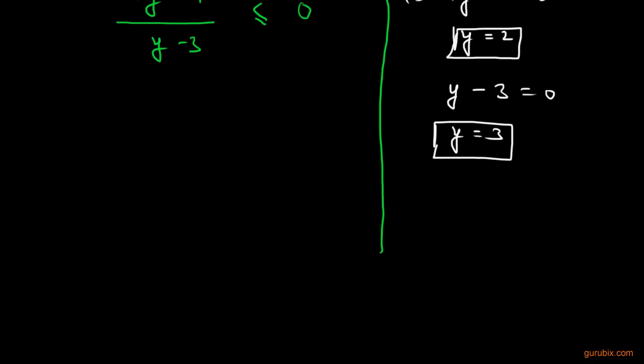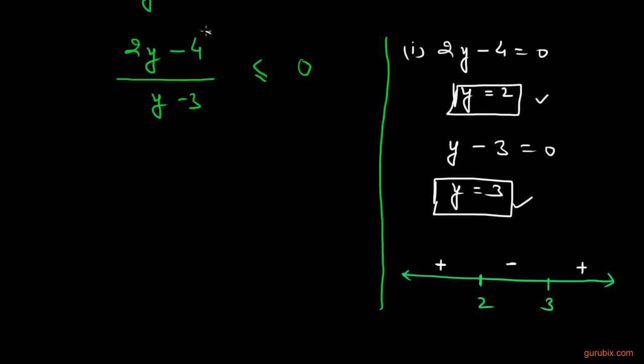And now we shall place these two critical points on a real line, that is 2 is here and 3 is here. And now we shall place positive sign here, negative here, and positive sign here. And since this whole value is negative, this region will be the solution of this inequality.